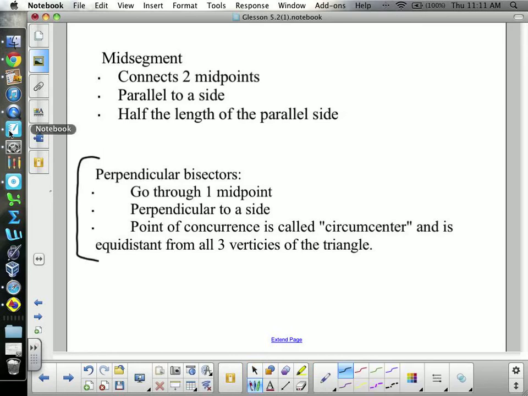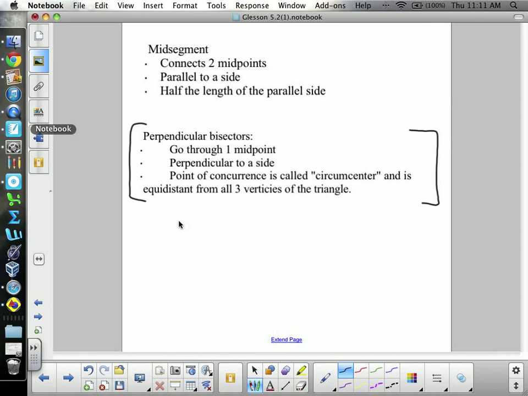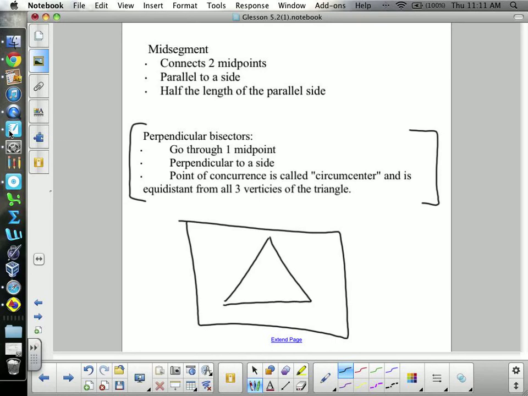If this is the back of your flashcard, the front of your flashcard might be something like this. And you mark in a midpoint and a line coming through like this with a right angle.